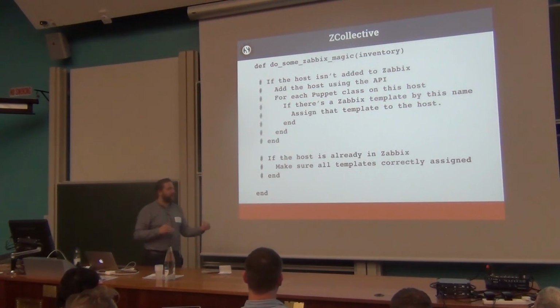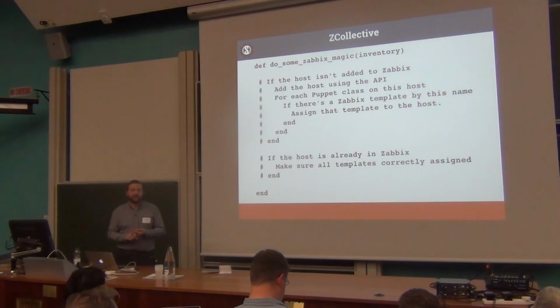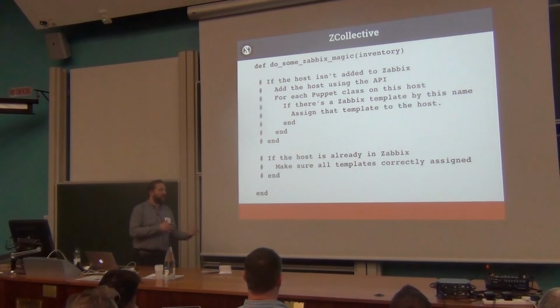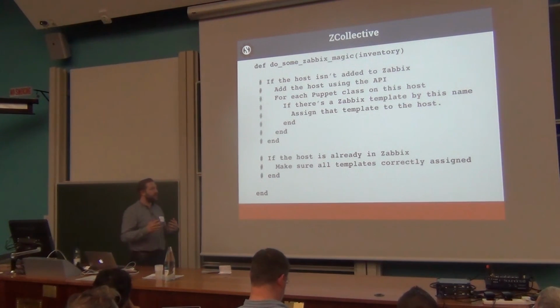We also have an SF Apache template in Zabbix, which contains the things that we want to monitor about Apache. For example, is it up? Is it listening on the port it's supposed to be listening on? And some numerical data that comes via mod status. So we assign those templates to the host. If the host is already in Zabbix, then we again enumerate the templates and make sure that we've got all of them there. So if the node changes over time, then the Zabbix configuration changes as well.